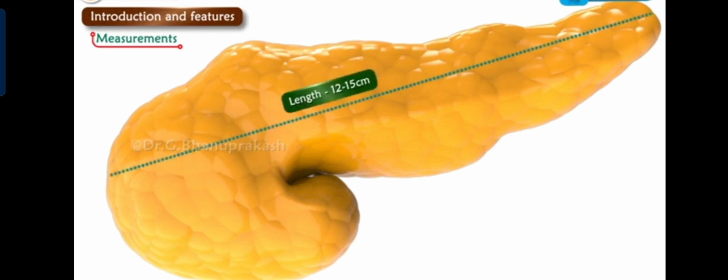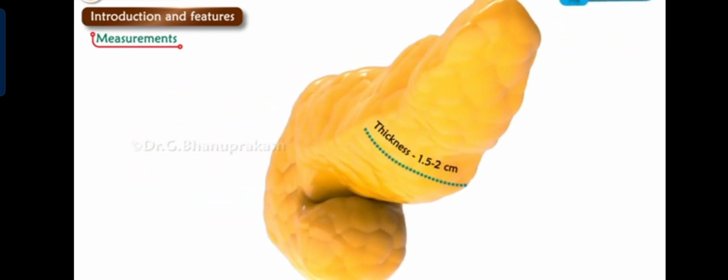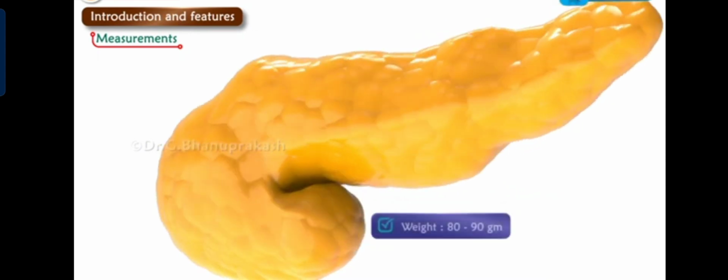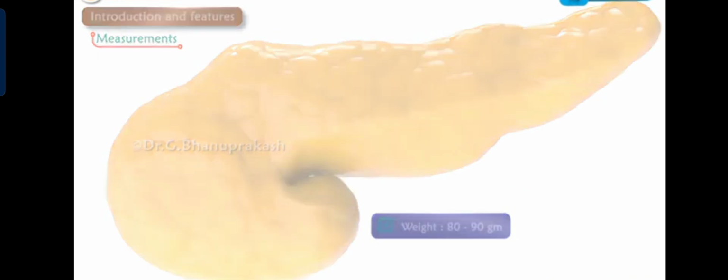Talking about the measurements, the length is about 12 to 15 cm, its width is about 3 to 4 cm and its thickness is about 1.5 to 2 cm. Weight is about 80 to 90 grams.